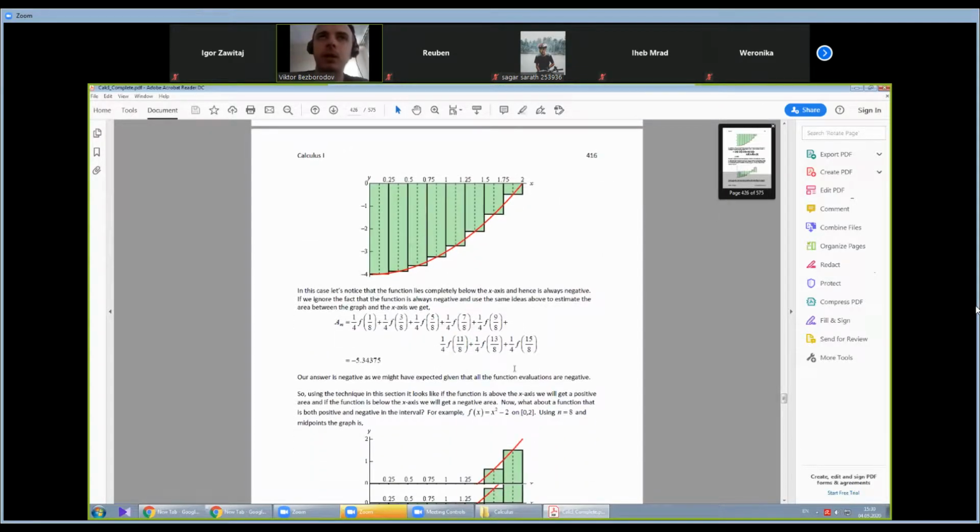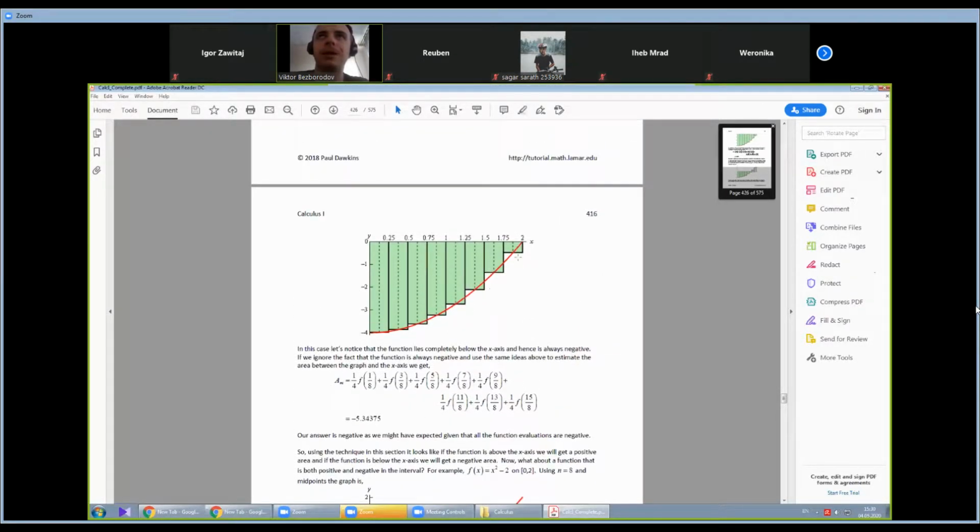Of course, the integral can be negative, as is, for example, here. Everything is below, right? But of course, the area, by definition, is positive, right? So the integral is the difference between the area above the x-axis and below.